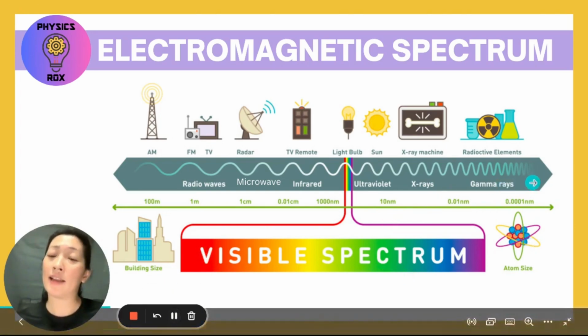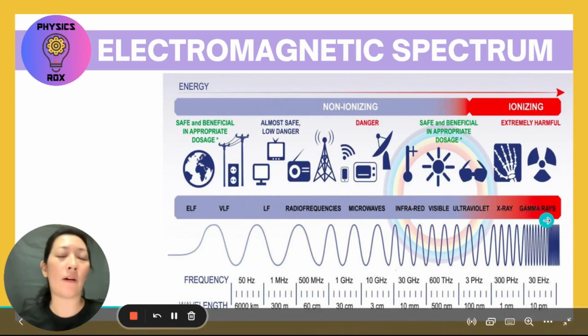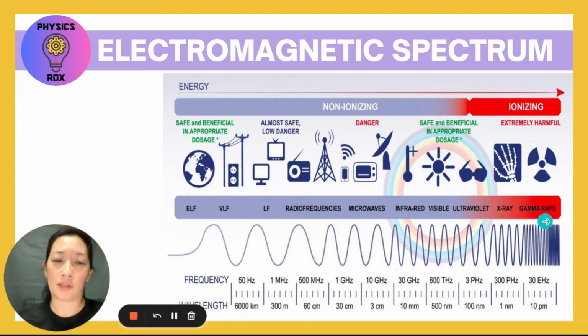Now, let's take a look at the next slide. This slide also has the electromagnetic spectrum, which is another diagram that I found. It's listed slightly differently, but for the most part, the waves are pretty much the same. If you're wondering what all these numbers on the left-hand side are, what's ELF? This is the frequency.